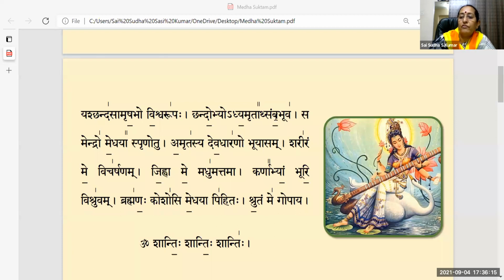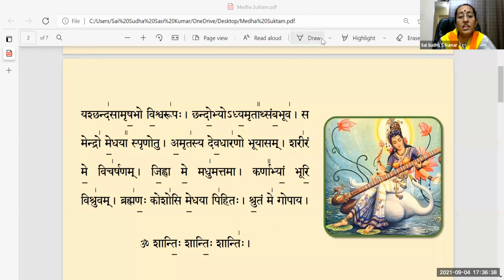Since ba falls under the pa varga, it will be pa, pha, ba, bha and ma. So here the sound of anuswara will remain as it is. It will not be any other sound. So here it will be sambabhuva.